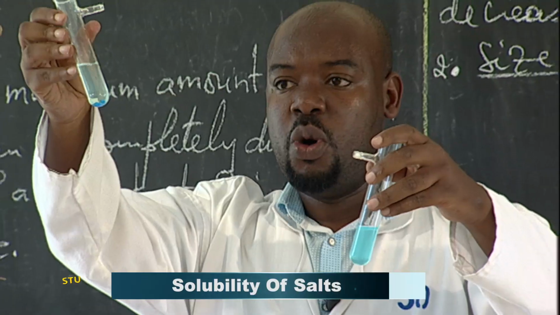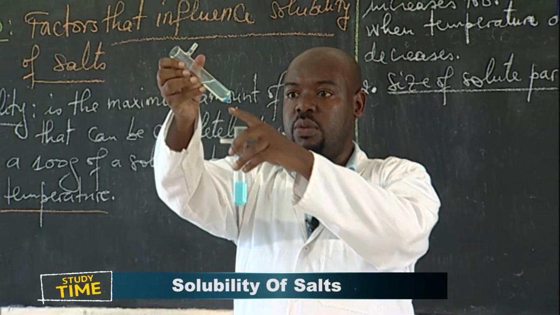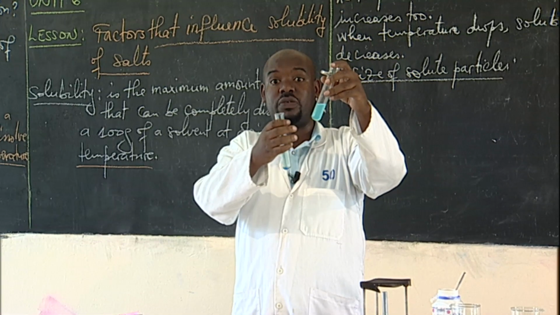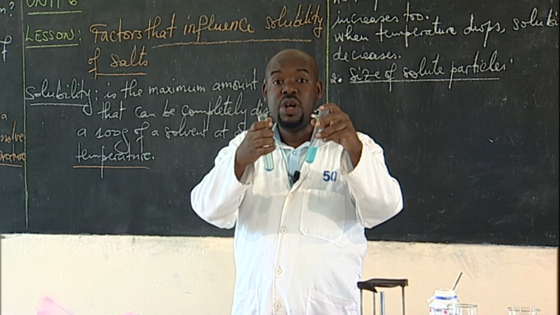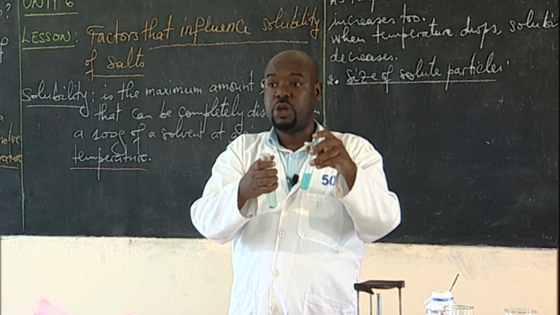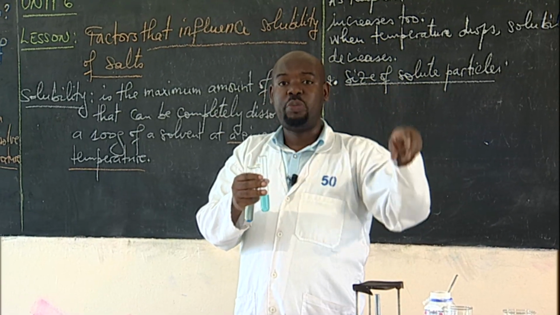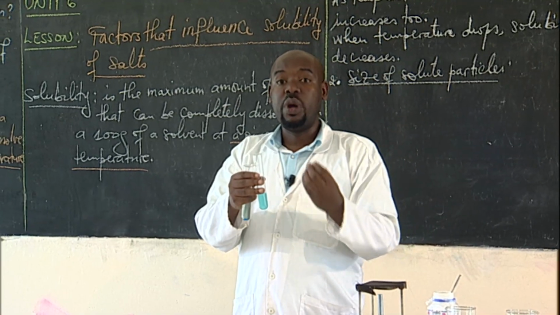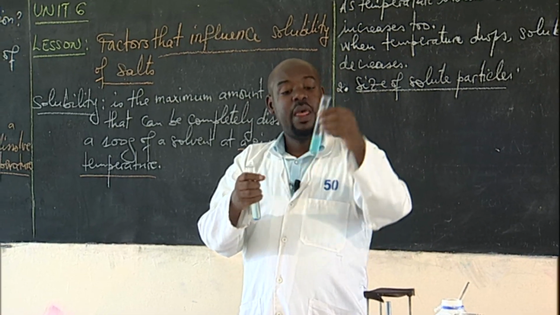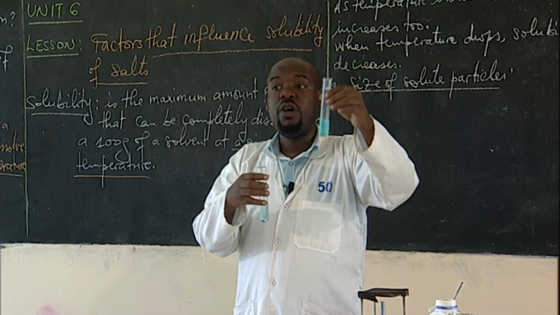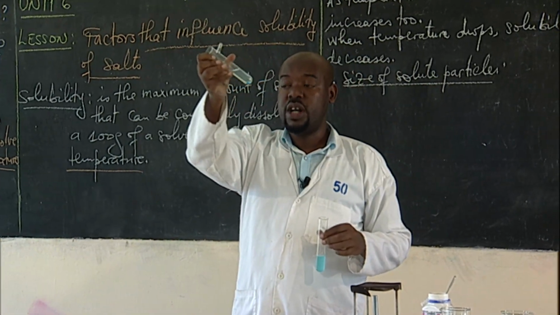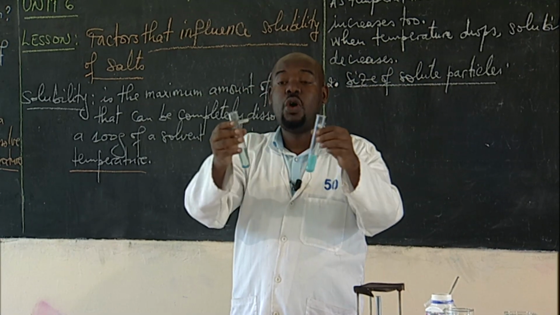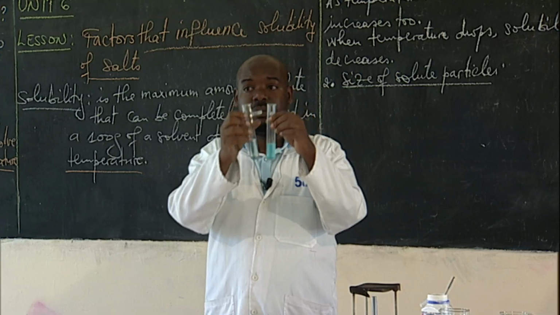In this test tube, where we have large particles, the large particles are still there, but the small particles have completely dissolved. So solubility increases when we have small particles, because we have a lot of particles which have a large surface to be in contact with the solvent. So small particles will always dissolve faster than large particles. You can see the large particles are still there, but the small particles have completely dissolved. I think this is very clear.